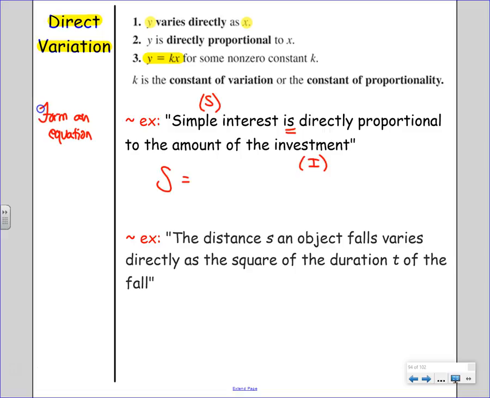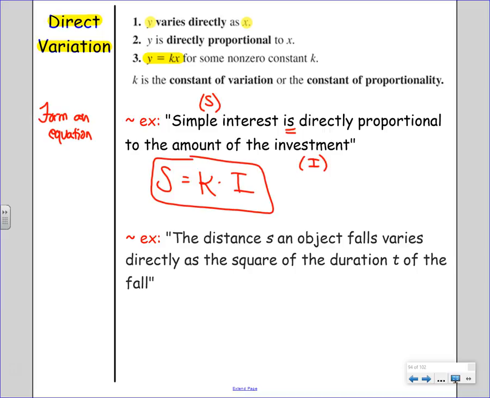Equals. Directly proportional, oh hey, you have a constant times, who? The amount of the investment? So as simple as S equals K times I. That's where you would start, and if it gave you more information, you would go plugging in, maybe finding K, then maybe plugging in some more and finding a particular simple interest or a particular investment.